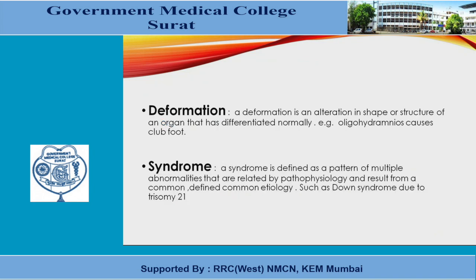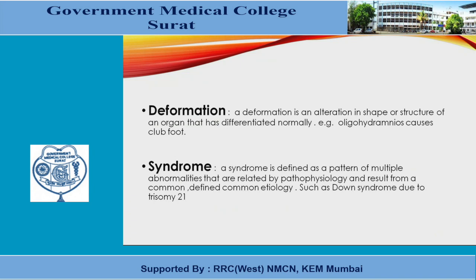Deformation. A deformation is an alteration in the shape or structure of an organ that has differentiated normally. So deformation is basically a change in shape or structure of the organ from normal. Like in oligohydramnios, there are chances of development of club foot due to structural deformity.